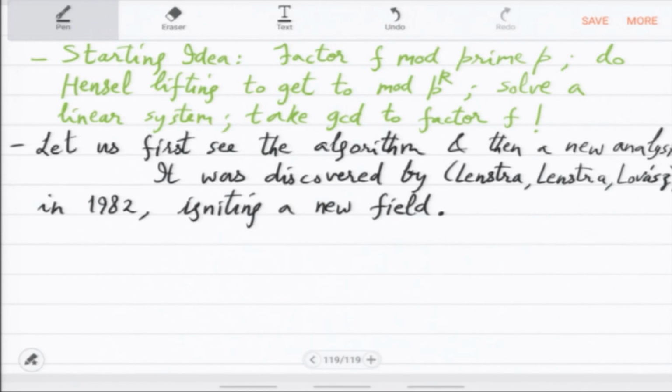Okay, so let's see the steps in slightly more detail.